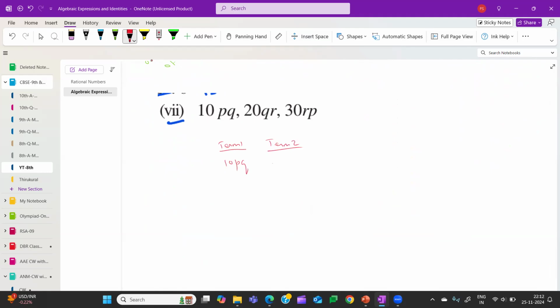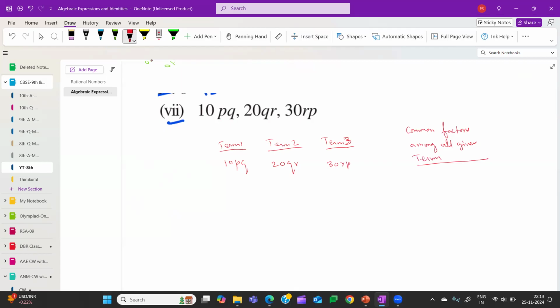Term 2 is 20QR. Term 3 is 30RP. So what we need to find is the common factors among all the given terms.